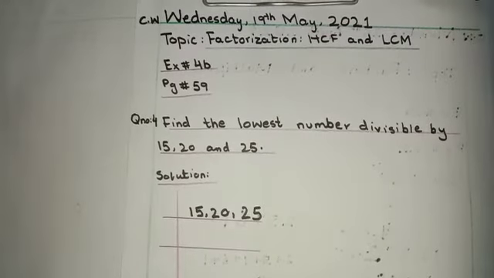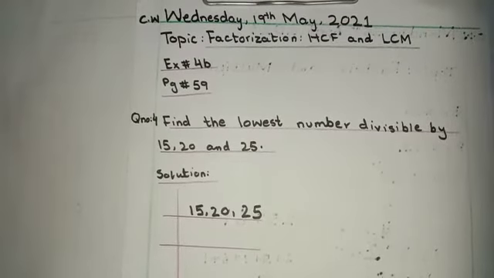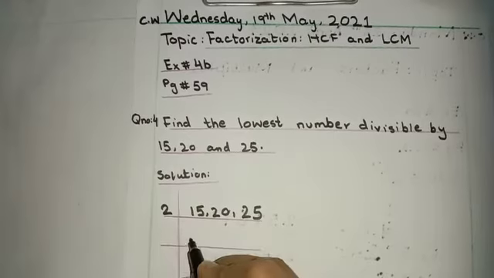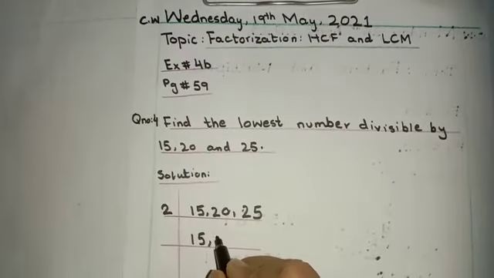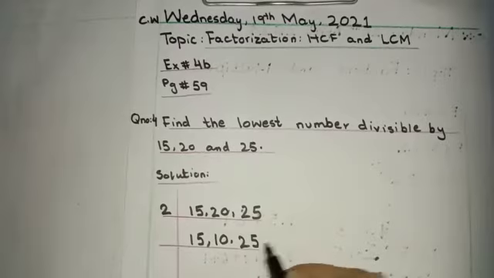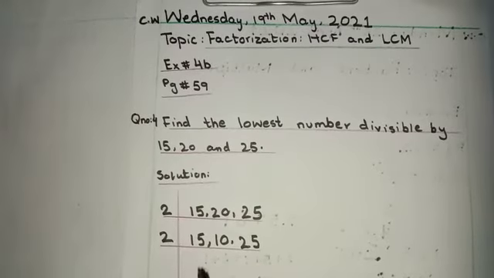I have told you that whether one or two numbers occur in the smaller table, you will start from the smaller number. So we will start from 2. 15 as it is, 2 tens are 20, 25 as it is. Still there is an even number, so we will go with 2. 2 fives are 10 and 25.